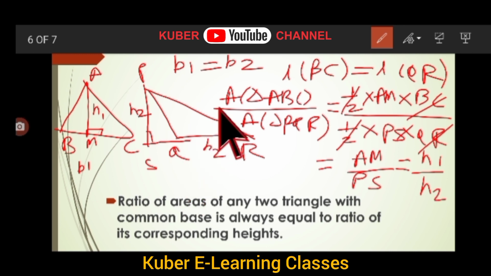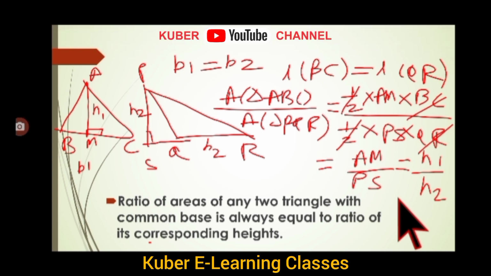Meaning, the ratio of areas of any two triangles with a common base is always equal to the ratio of their corresponding heights. So this statement is also written here: the ratio of areas of any two triangles with a common base is always equal to the ratio of their corresponding heights.